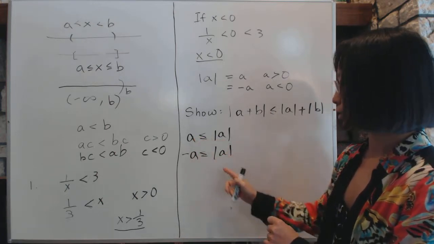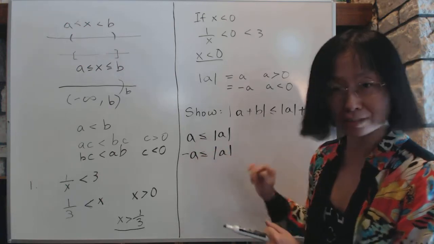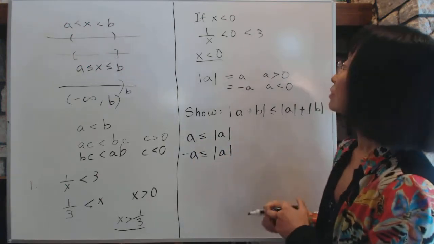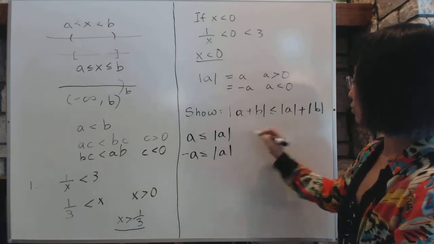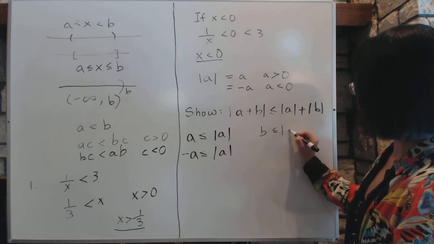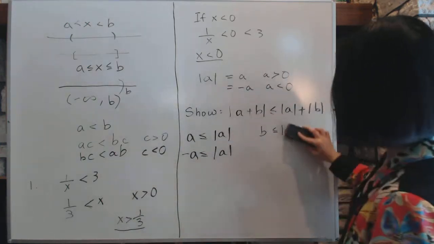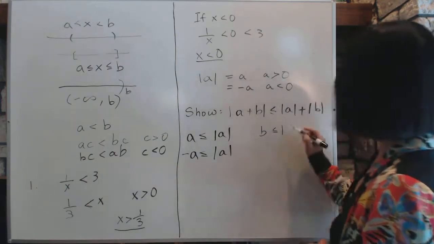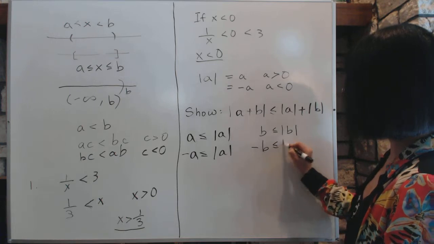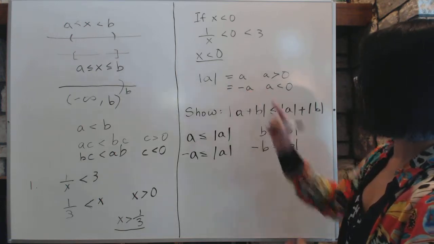So if it's negative, then it's definitely bigger. If it's positive, it's the same. So it's the same or definitely bigger. And then the next thing, we'll do the same thing with B, so that we have B is less than or equal to the absolute value of B, and is also less than or equal to the absolute value of B with minus B. That's just the definition right here.